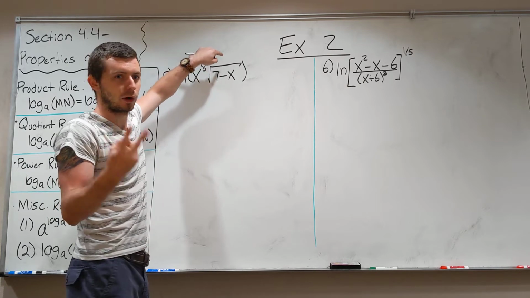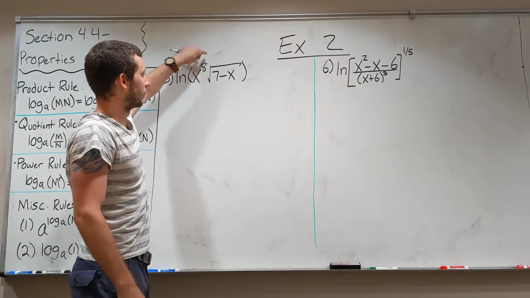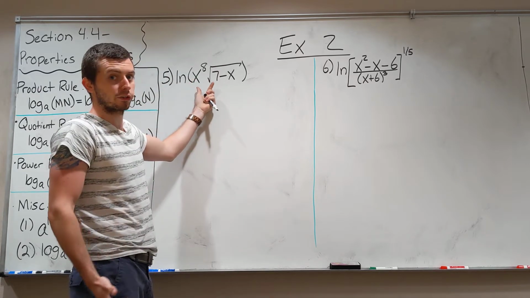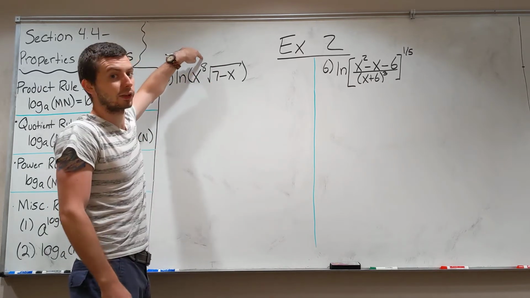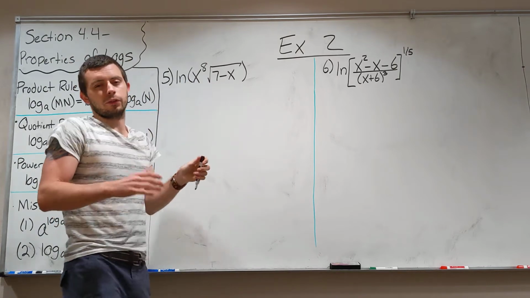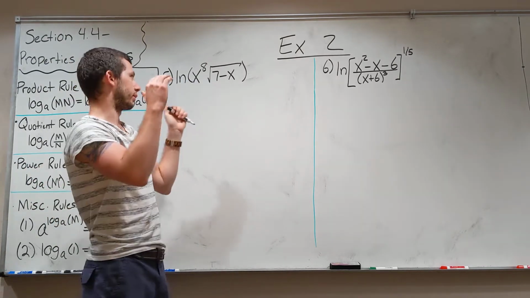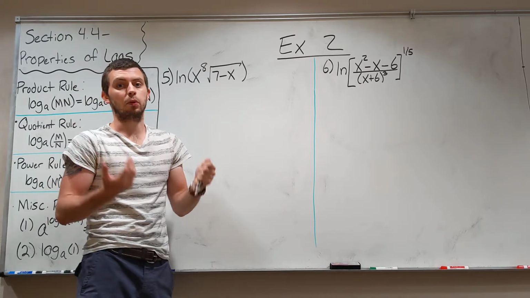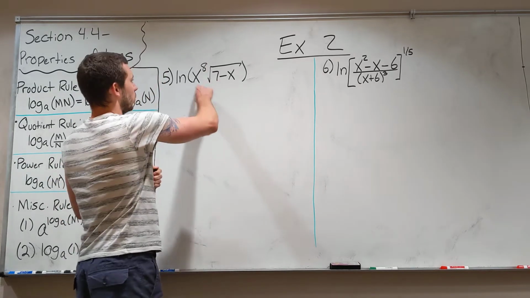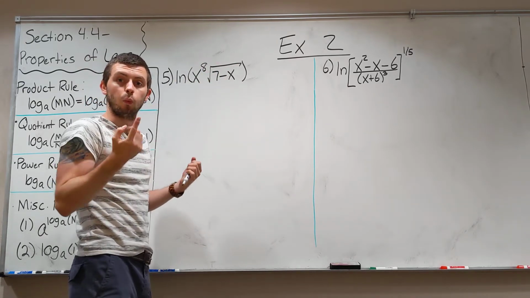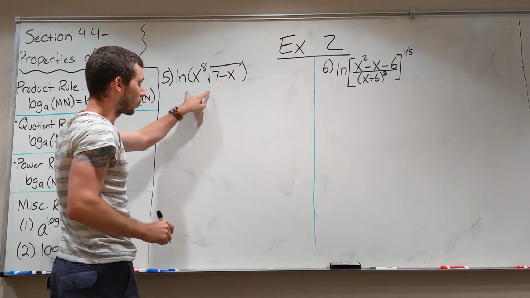We'll get to the second power in a second, but there are exponents occurring, and there is a product occurring. X to the 8 is being multiplied to the square root. So we have to think about the bigger picture. Is this an exponent first or a product first? And the answer is that this is a product first, because this whole expression here is not being raised to any one power. So this is a product rule.